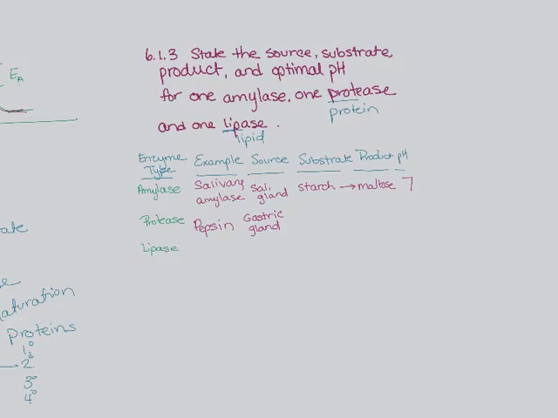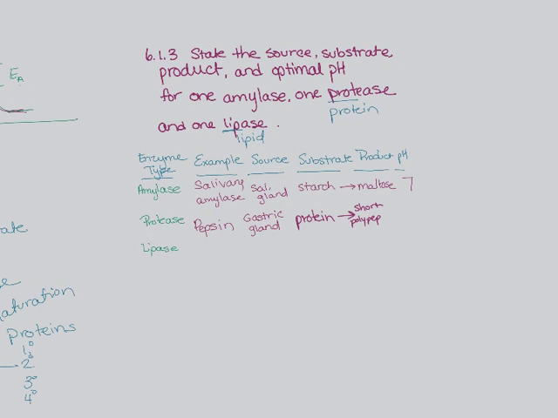And for our gastric glands making pepsin, we're going to be trying to break down a protein. Instead of breaking it all the way down into amino acids, we're just breaking it into short polypeptides, maybe 5 to 10 amino acids long, so fairly short.